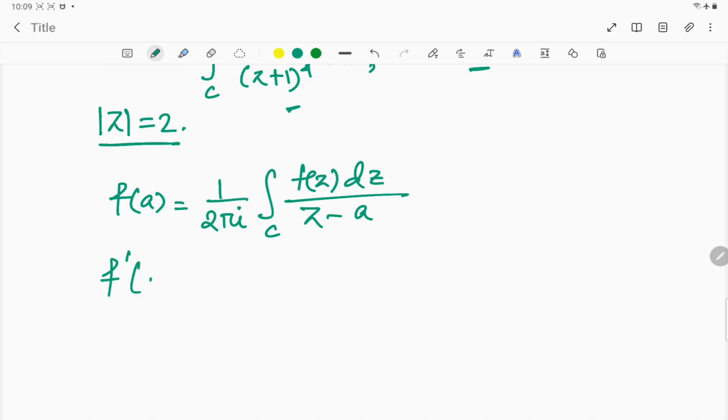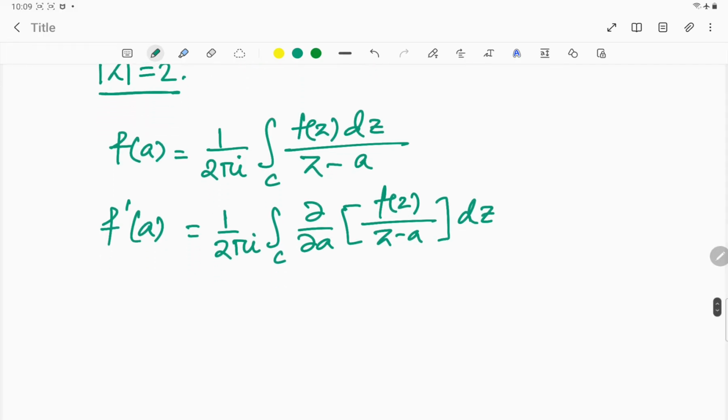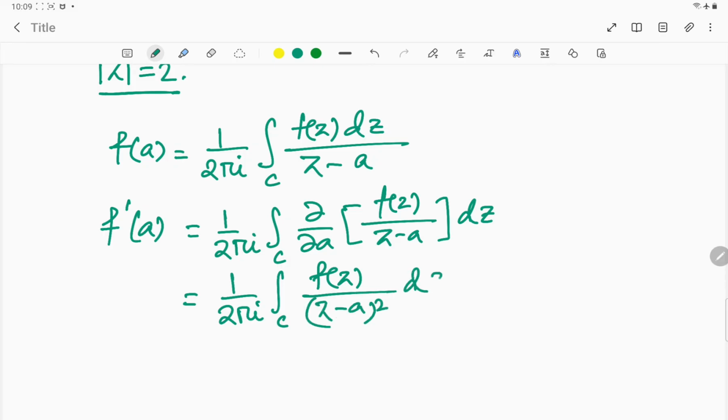So f prime a, the first derivative of this function f(a), we can write like this: f prime a is equal to 1 by 2 pi i integration over C, and this is a partial differentiation, so del a of f(z) divided by z minus a dz, which basically produces 1 by 2 pi i integration over C of f(z) divided by (z minus a) whole square dz.